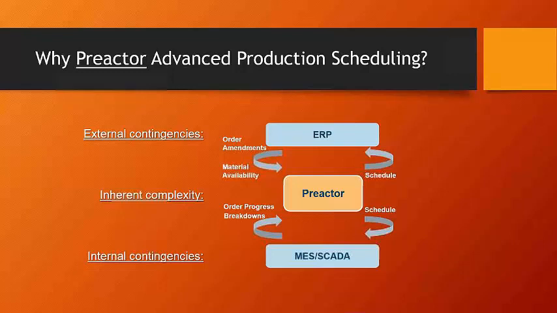Is everything going according to plan? And Preactor is what helps you deal with the inherent complexity of creating the plan itself. And when we're talking about scheduling the production and consumption of intermediate materials, we're talking about a specific aspect of inherent complexity.